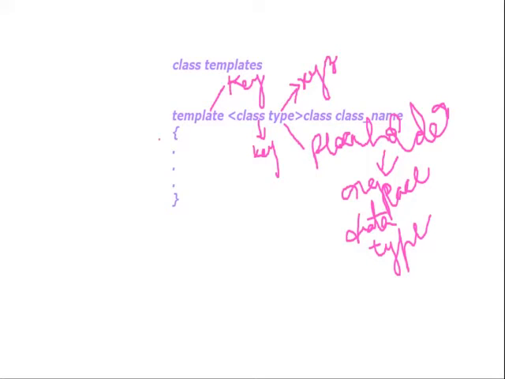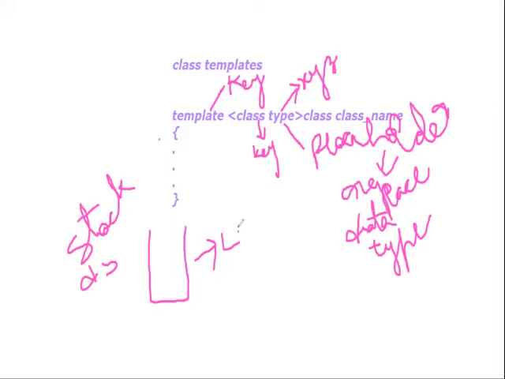So I would like to explain it with the stack class. Stack is a data structure. How would it be? Firstly, think of this as a stack data structure, which follows last in, first out. It has only one open end.